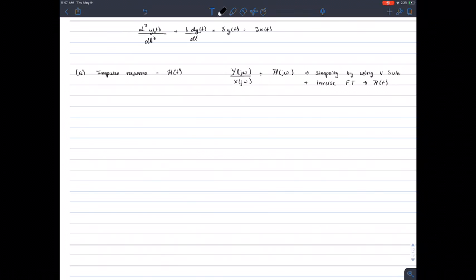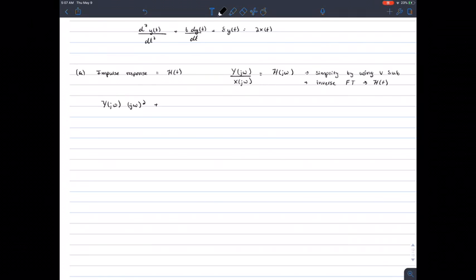So y of t is going to turn into Y of j omega, okay? And then you're taking the second degree derivative, which you can then change to j omega, all of it squared, okay?